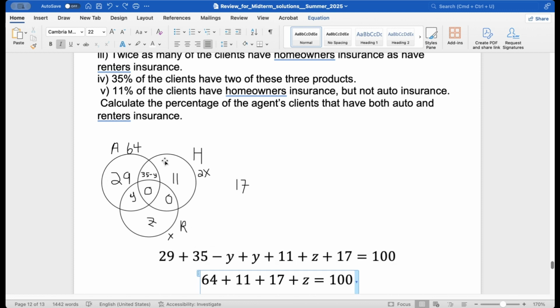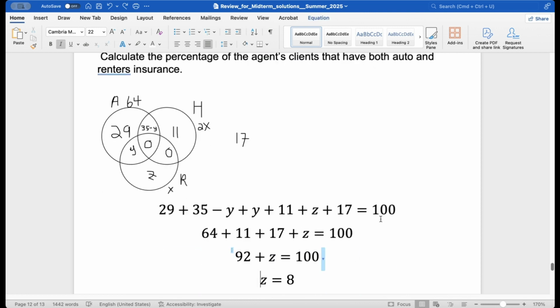We have the 64 from the A, the 11, the 17, and the Z. 64 and 11 is 75. 75 plus 17 gives us 92, so Z has to be 8. So Z is 8. That was renters alone, but we want both auto and renters, so we want Y. Z is 8. We want to find Y.